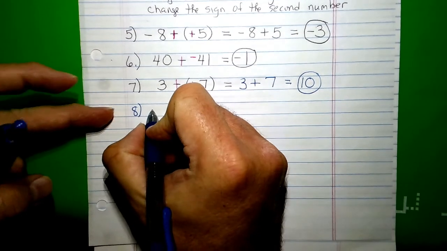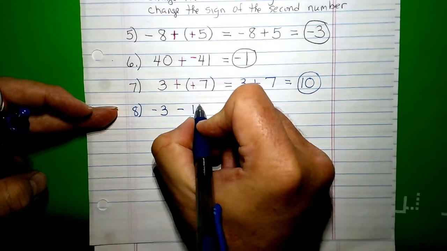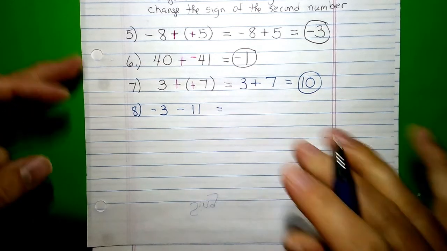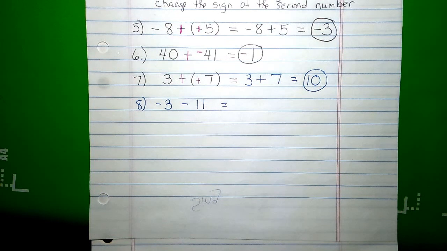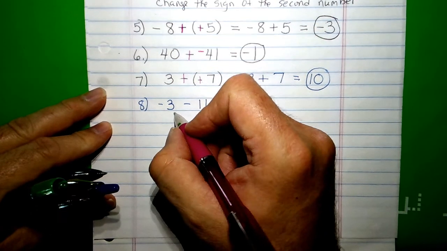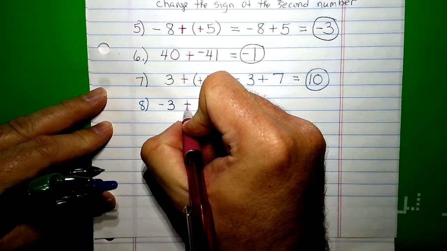So how about another subtraction? Here's this one. Negative 3 minus 11. Negative 3 minus 11. Change subtraction to plus.